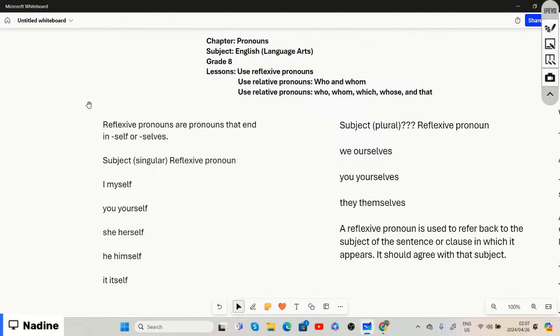So reflexive pronouns are pronouns that either end in self or selves, right?